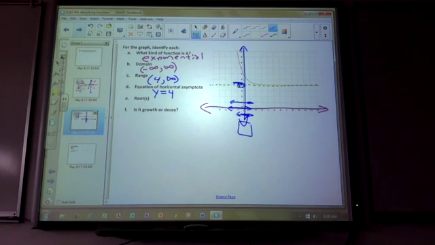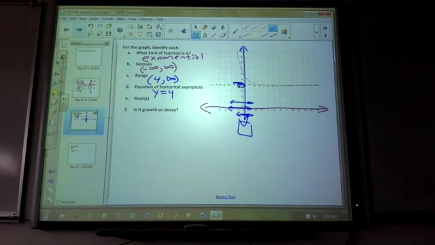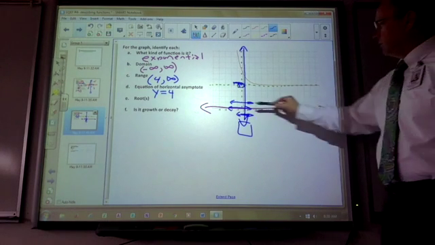So, critical thinking moment. If I am never going to cross over the horizontal line y equals 4, it's this horizontal line right here, will I ever cross the x-axis?